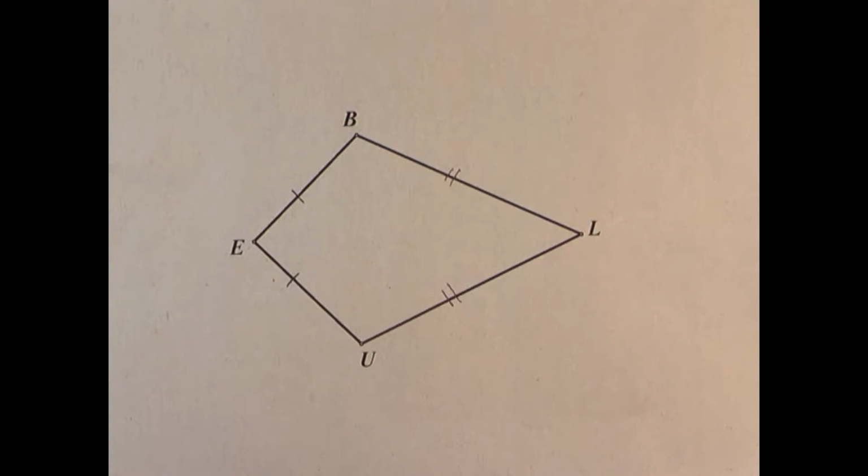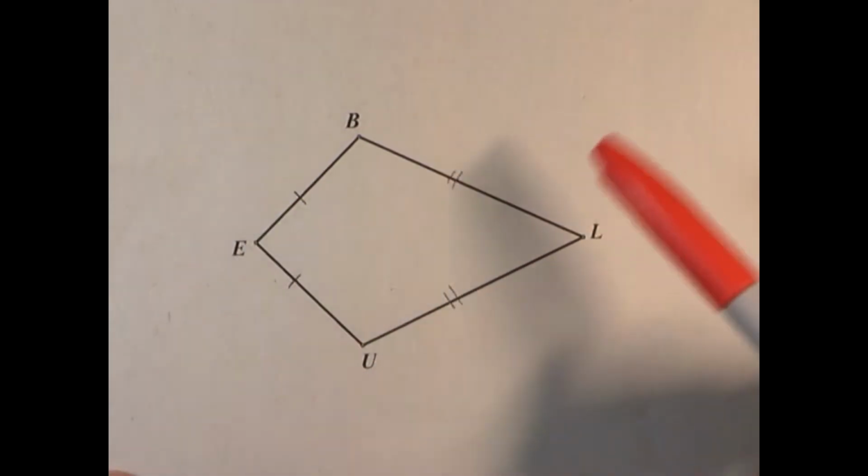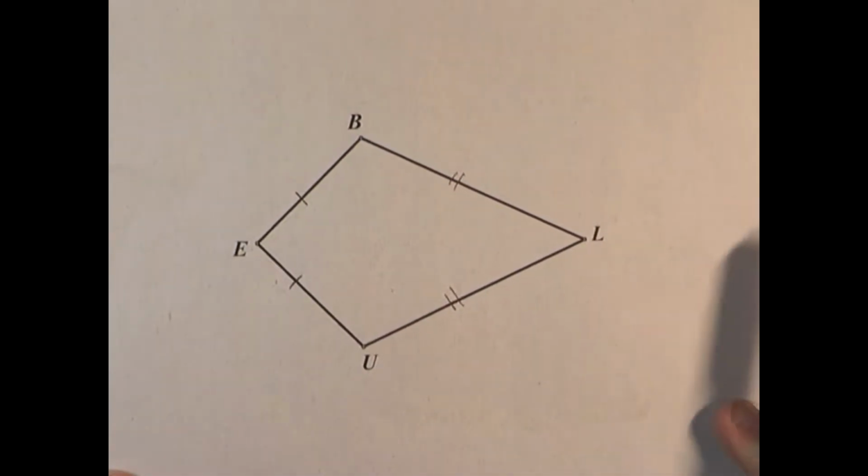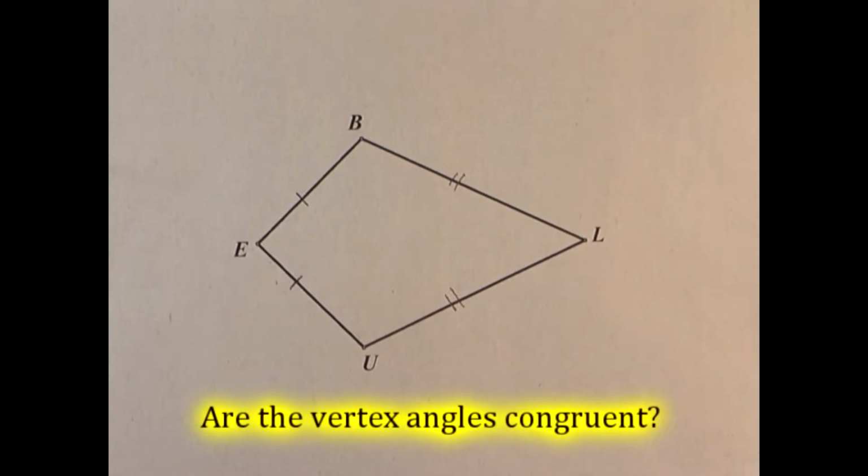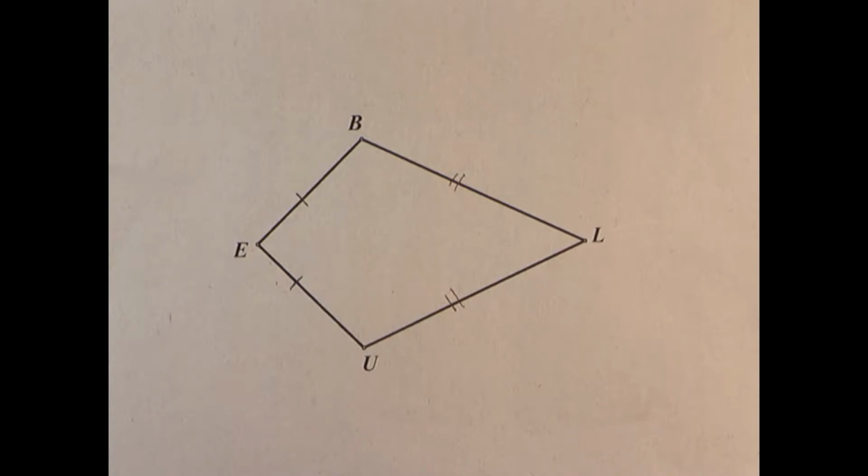Let's take a look at the two vertex angles. Looking at angle E and angle L, do they look congruent? It's rather obvious that those two vertex angles are not congruent.